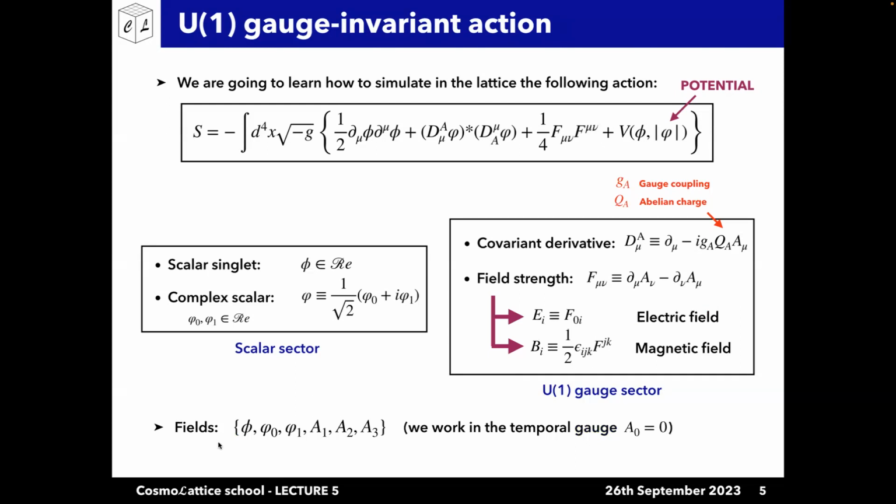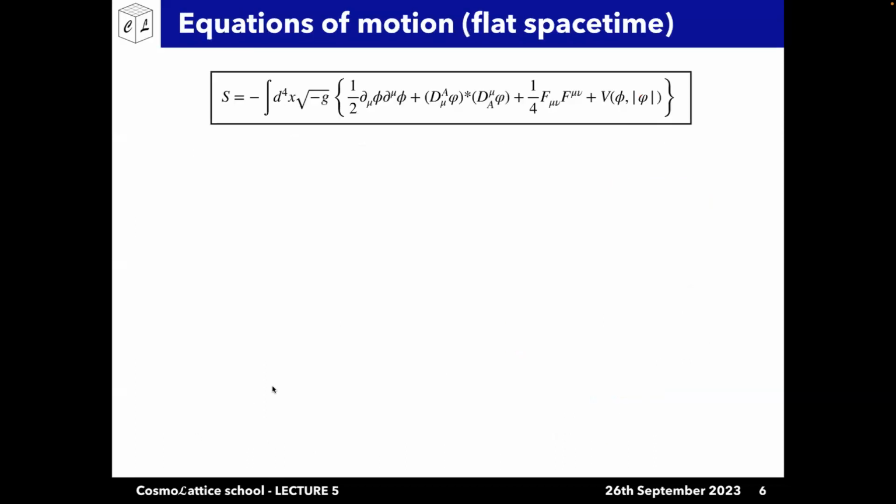We need to evolve 6 fields: the scalar singlet phi, the 2 components of the complex scalar, and then we are only going to evolve 3 of the 4 components of the abelian gauge field, because CosmoLattice works in the temporal gauge, in which A0 is always 0. So we will have just 6 field components to evolve.